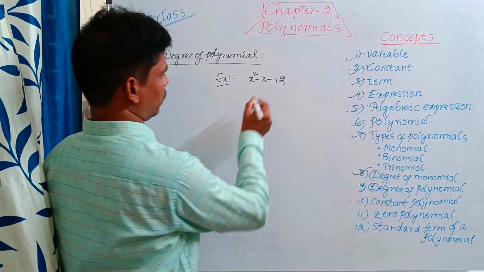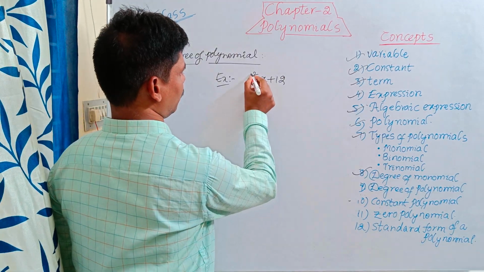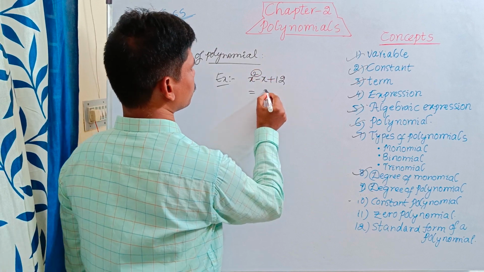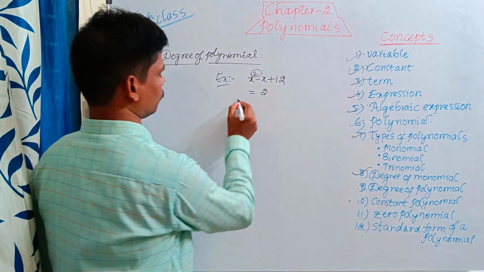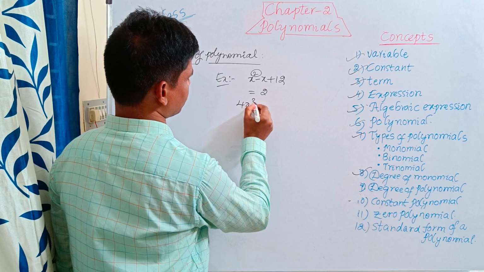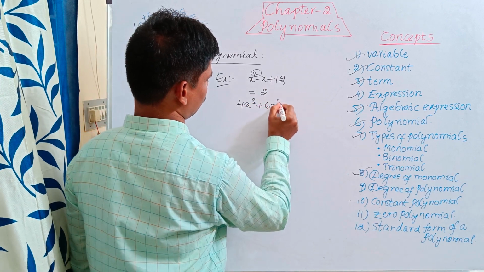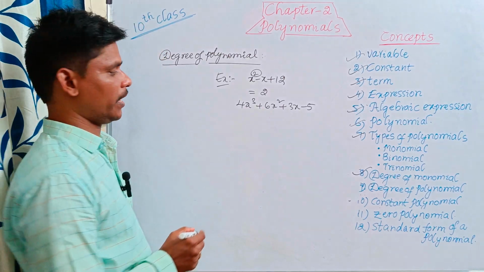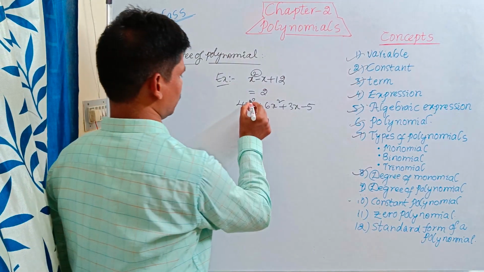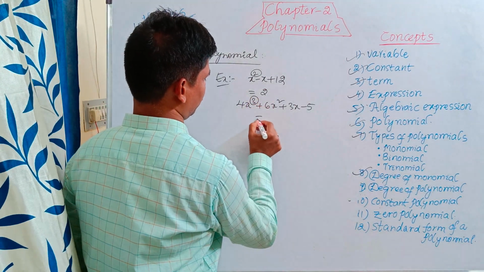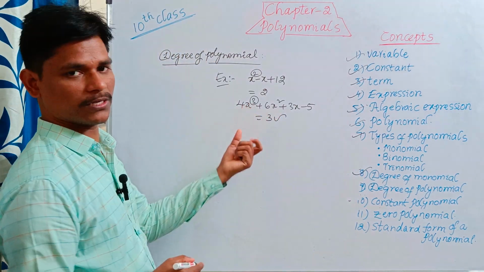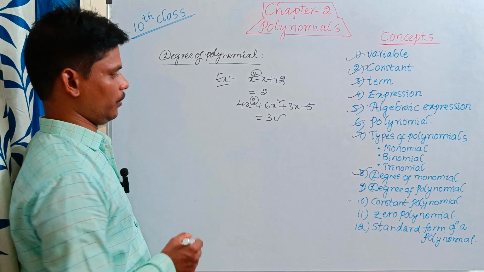The highest degree term here is x square, so the power is 2 and the degree is 2. For example, 4x cube plus 6x square plus 3x minus 5. Here x cube is the highest power, so the degree is 3. The highest degree of a term is called the degree of the polynomial.